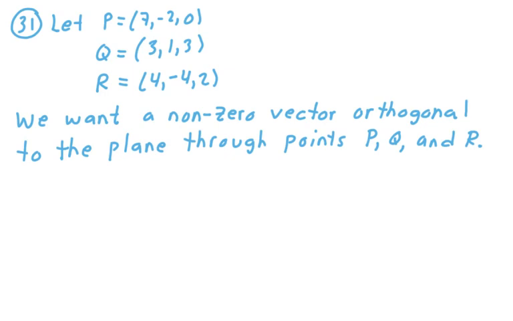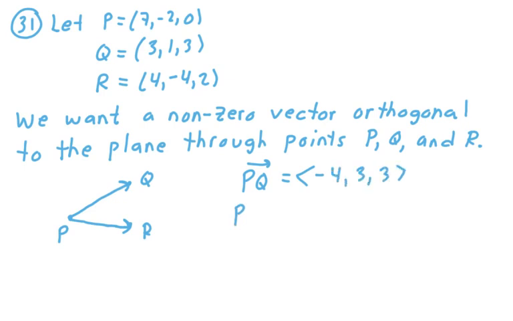Well, we could always form vectors, right? So if we're given 3 points, here's P, here's Q, here's R. I'm going to form the vector PQ and form the vector PR. So PQ is the vector (-4, 3, 3). PR is the vector (-3, -2, 2).